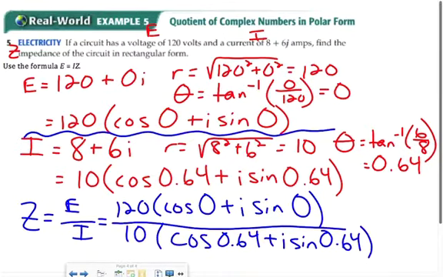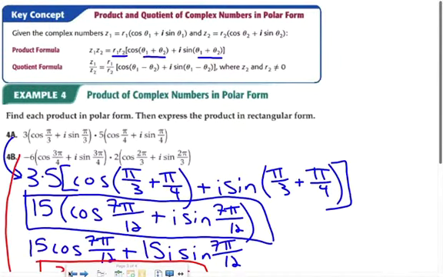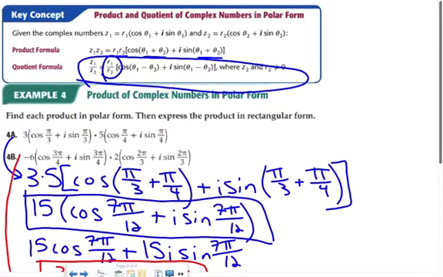And now I'm going to use this formula. So notice what's happening in this formula. The two moduli are getting divided. That's easy enough. And then it's still cosine of something plus I times the sine of something, and what's inside those parentheses is the difference of the angles in the order in which they're being divided.